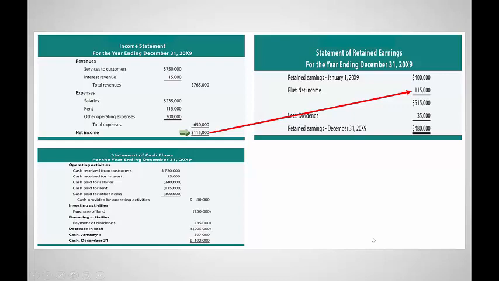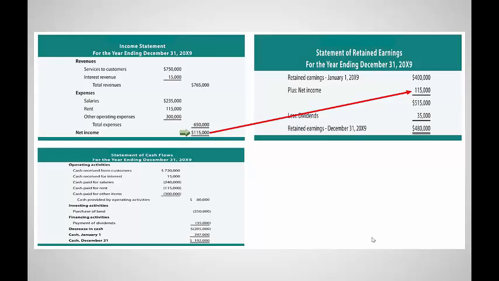Next, the statement of cash flow is basically a reconciliation of the cash account, and I'll show you that here in a moment. But your statement of cash flow is basically saying how did we generate cash and how did we use cash in our business. And there are three different distinct ways that we can generate or use cash.